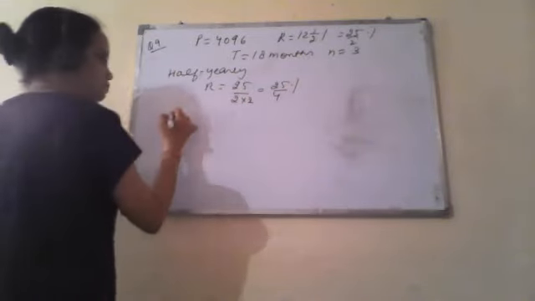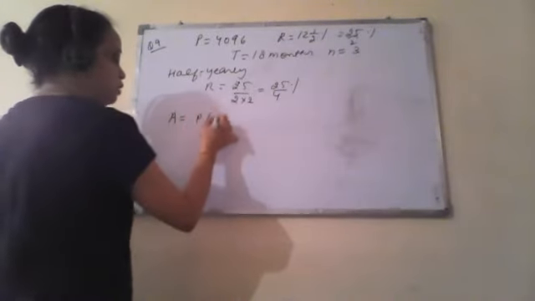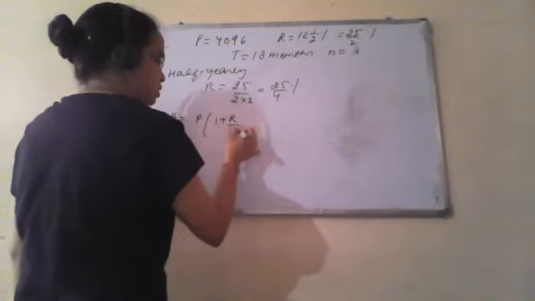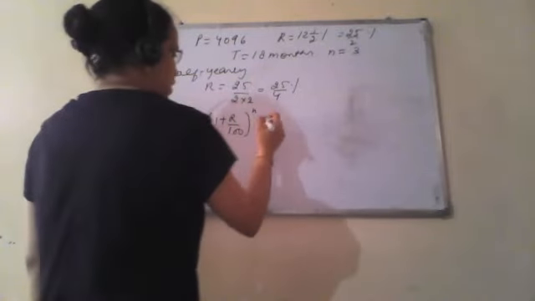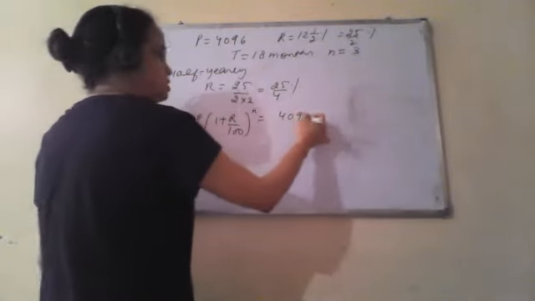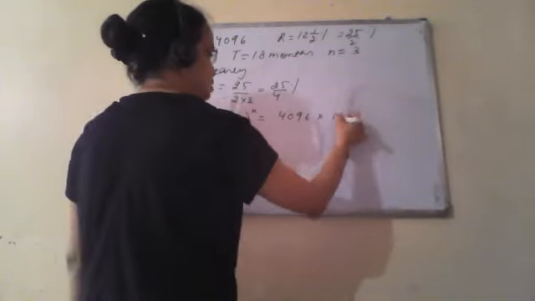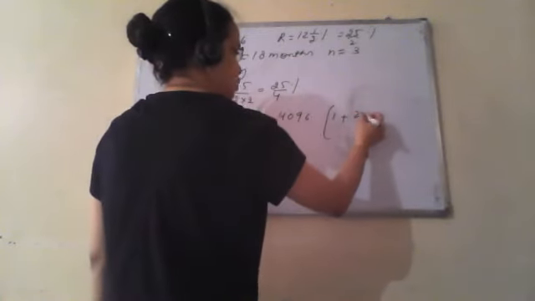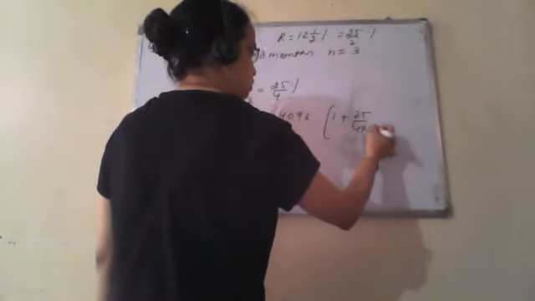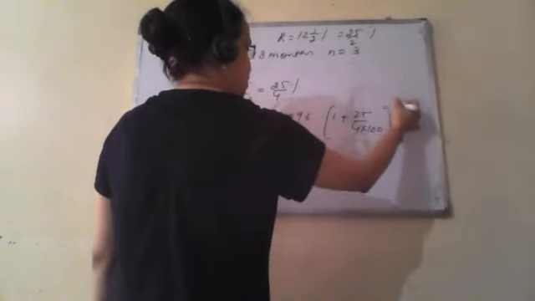Now we have to calculate the amount. This is P into 1 plus R upon 100, and this is 4096 into 1 plus 25 upon 4 to the power 3.